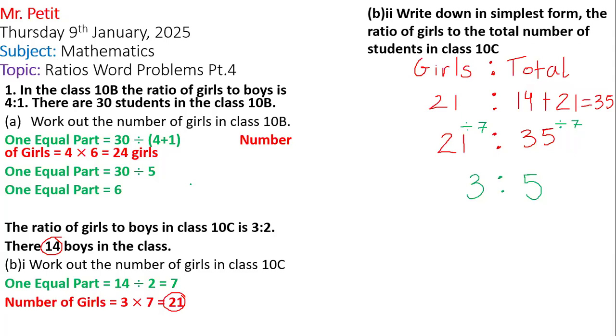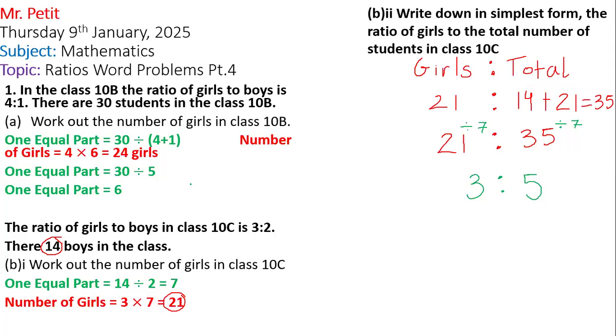In the class 10B, the ratio of girls to boys is 4:1. There are 30 students in class 10B. So you add 4 plus 1, which equals 5, and then you divide 30 by 5, and you get 6.